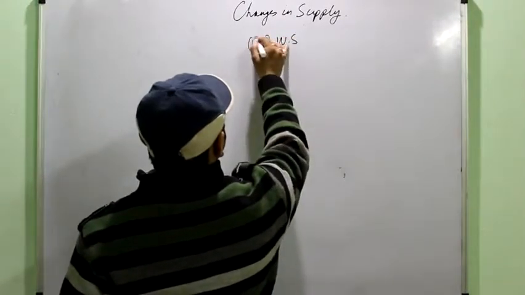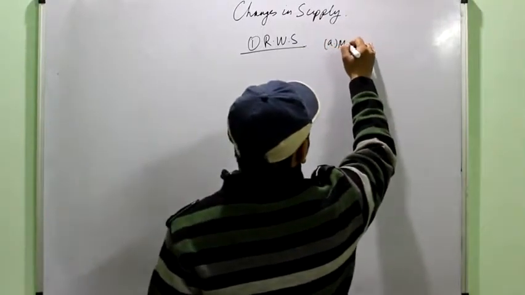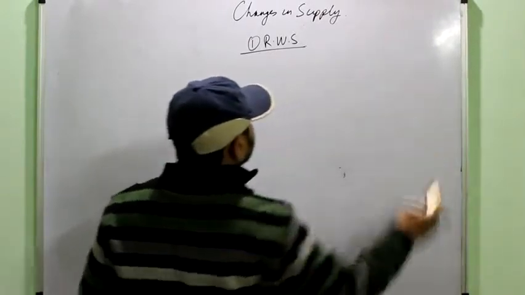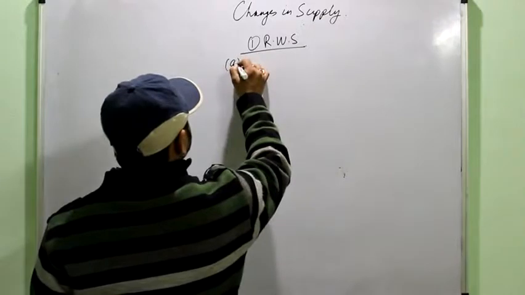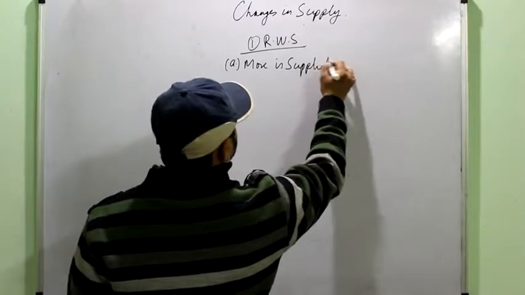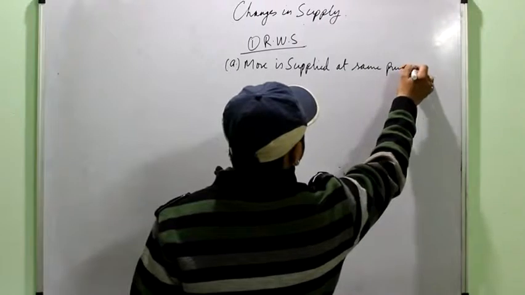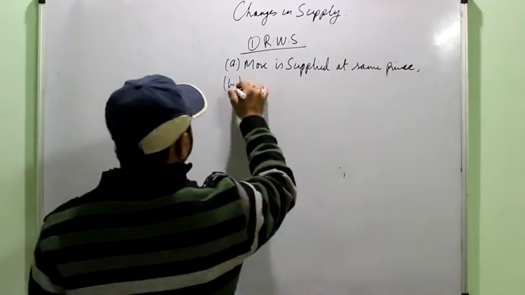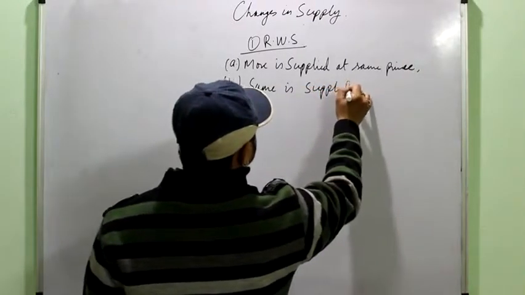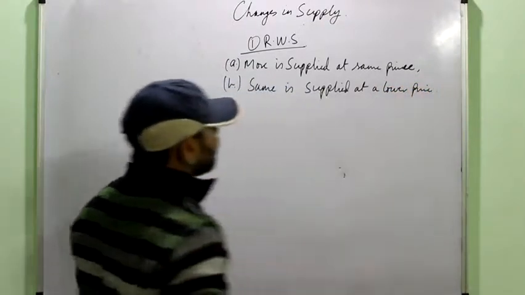Okay, rightward shift, it is defined as two conditions. First, when more is supplied at same price, or same is supplied at a lower price.